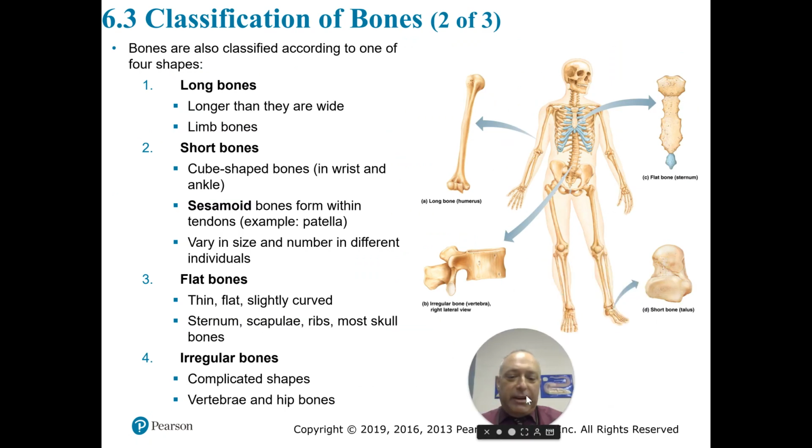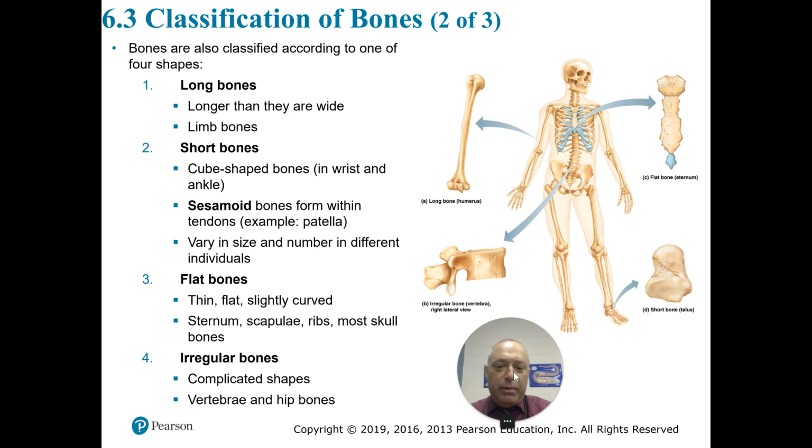As we classify our bones, we've got long bones like the humerus in the arm. They're longer than wide, and these are limb bones. We've also got short bones, cube-shaped bones in the wrist, like the carpals, and the ankles. We've got sesamoid bones, like the patella, within tendons.